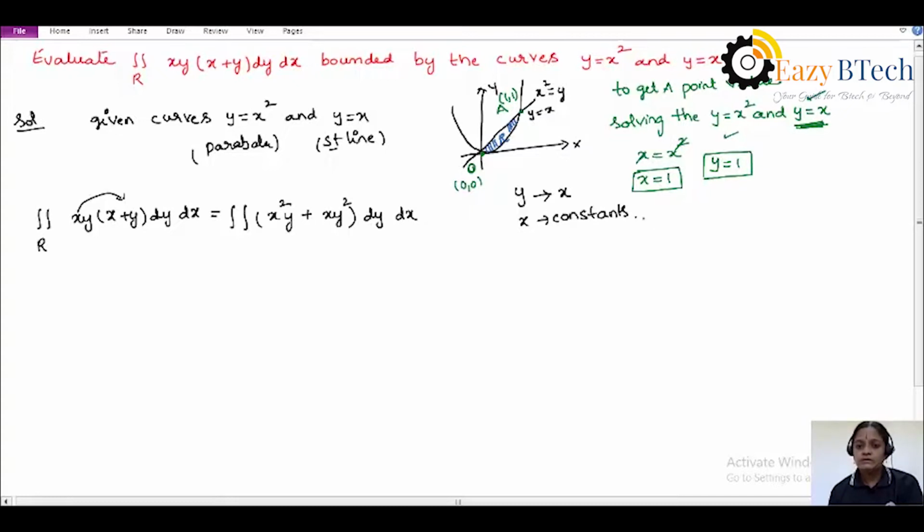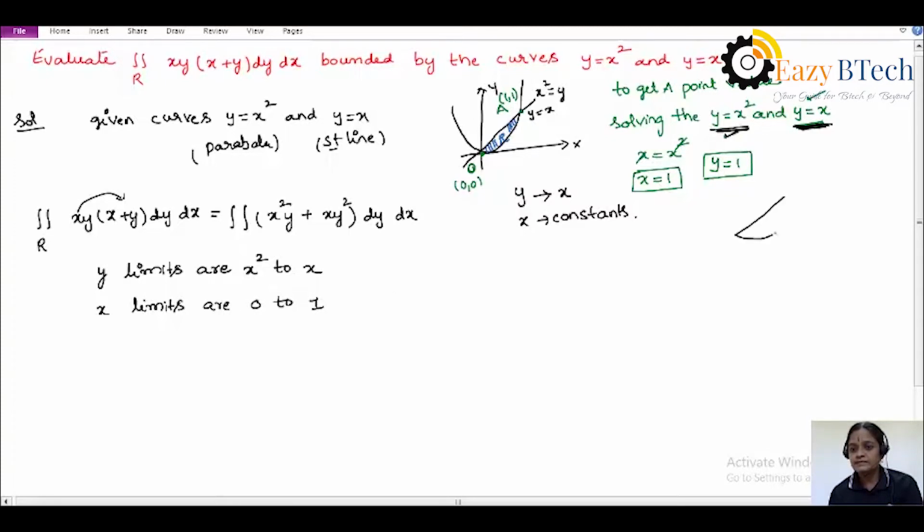Now using the given curves, I am writing the limits, because the two curves are y = x² and y = x. The y limits are x² to x, and the x limits are 0 to 1. See here students, this is the bounded region R1.